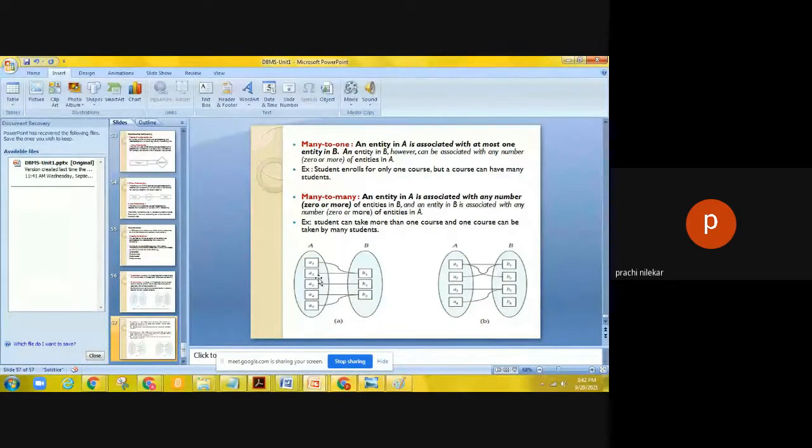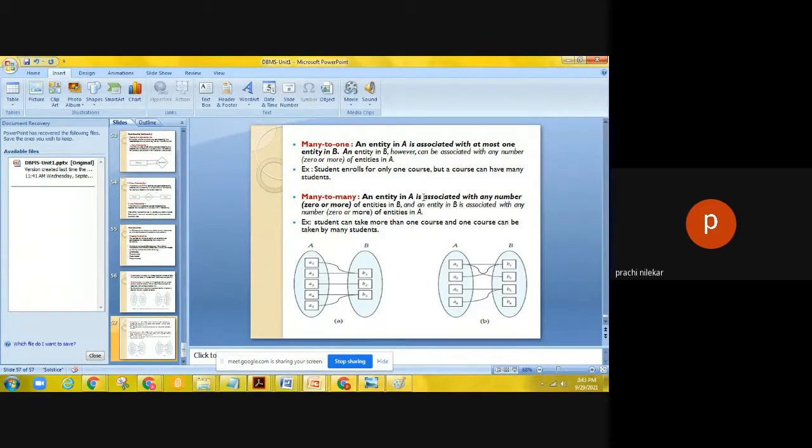Then many to many. As the name suggests, an entity in A is associated with any number of entities in B, meaning association from both sides should be 0 to more.